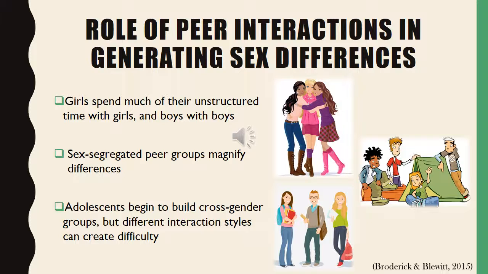And as children do this, we'll often see some of those group differences magnified when it comes to behavior within the group, so how girls are behaving towards one another and how boys are behaving towards one another. We tend to see those differences magnified when children are segregated.